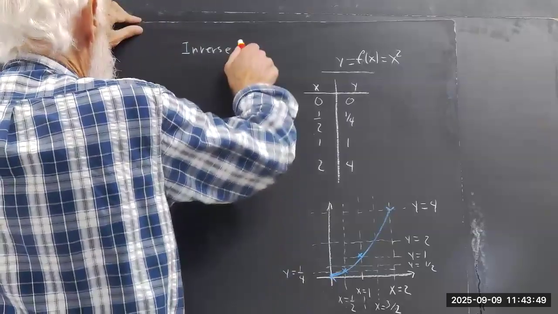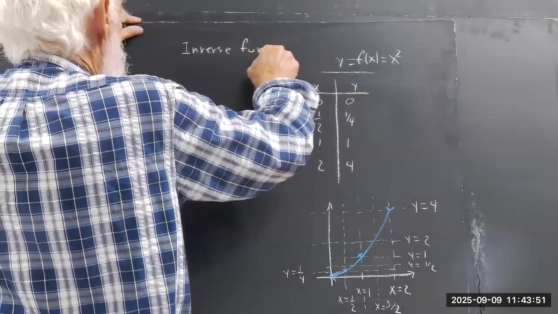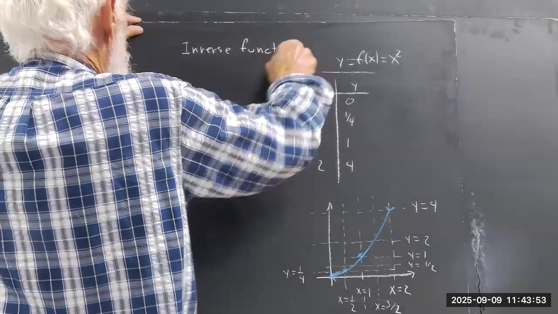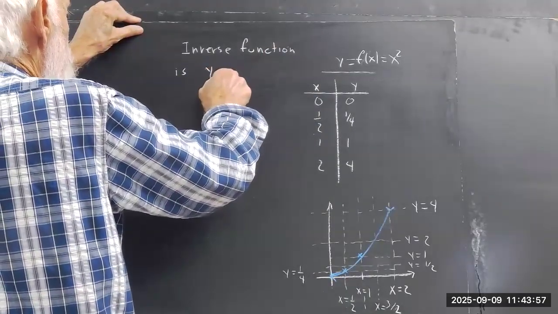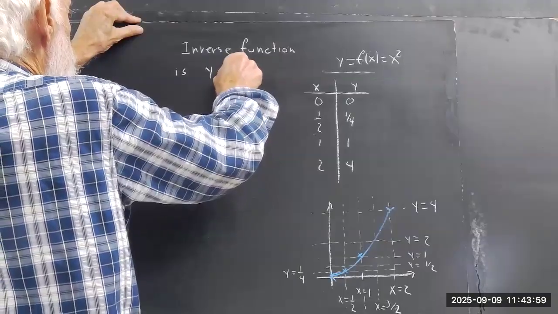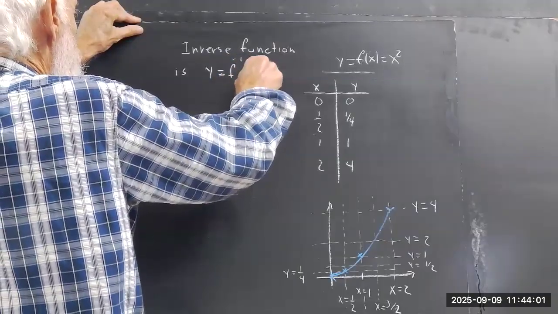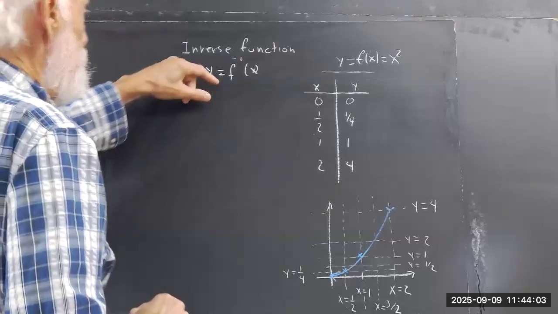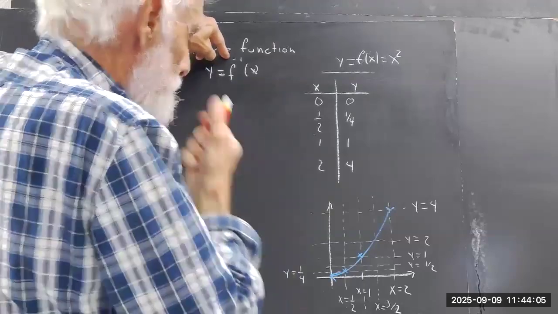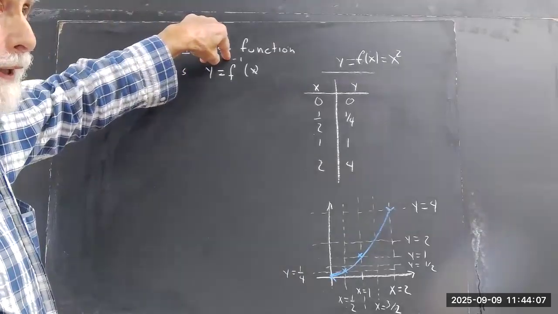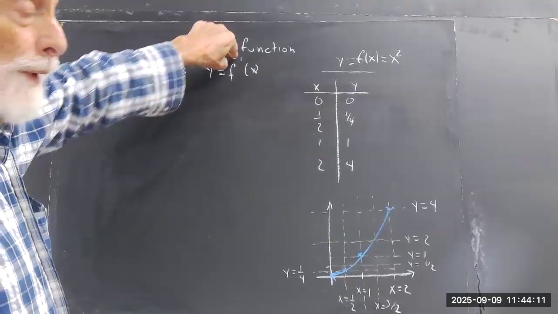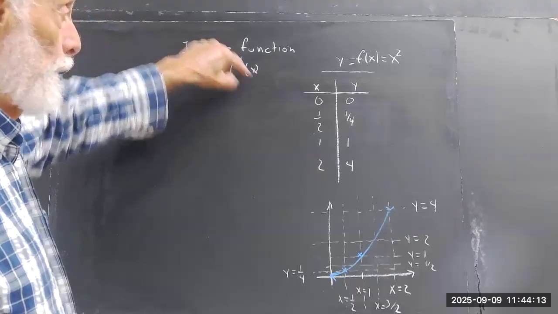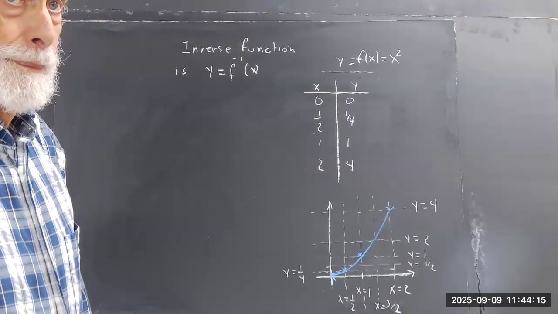The inverse function. First of all, we give it a name. It's like f with a superscript of -1. That doesn't mean a -1 power, though. That's just a notation that we use for inverse function.